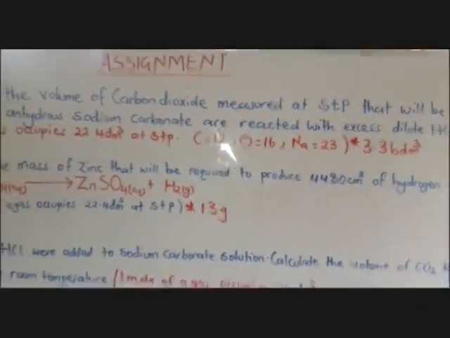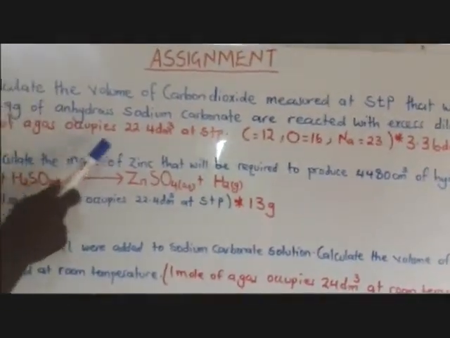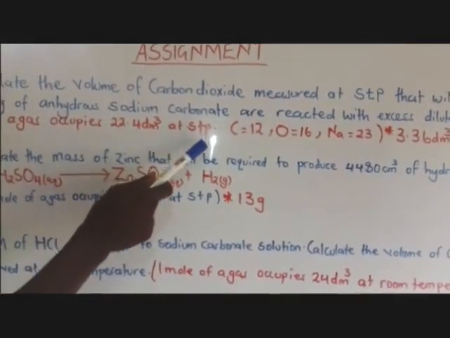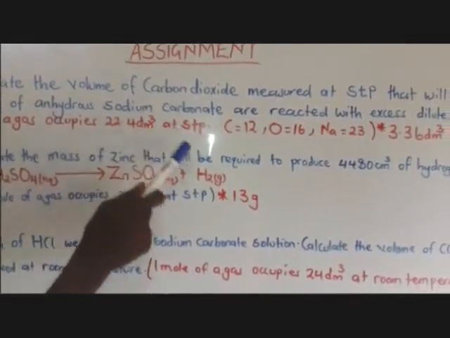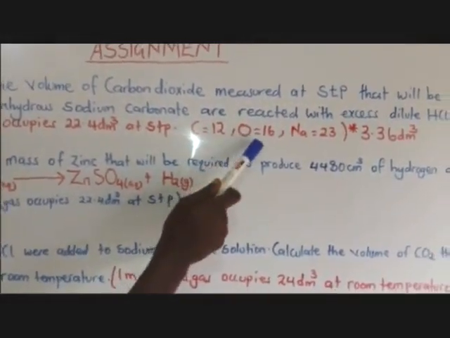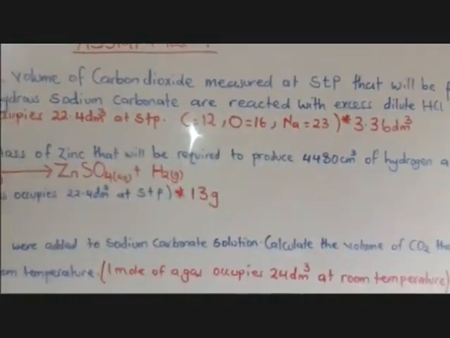They are saying 1 mole of a gas occupies 22.4 decimeters at standard temperature and pressure. That is molar gas volume. Carbon is 12, oxygen 16, sodium 23.